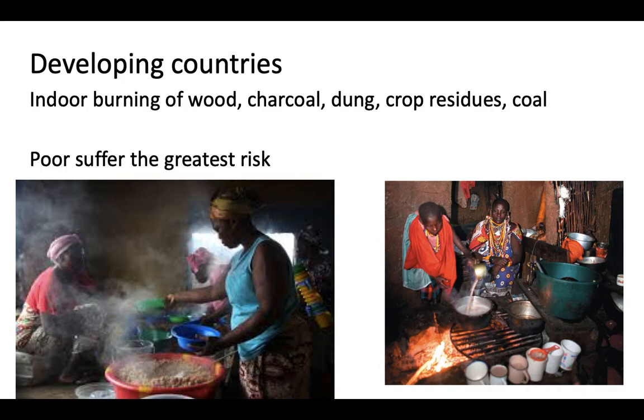Because they don't have access to natural gas or oil, these resources are accessible and cheap, so the people who don't have a lot of money are going to use those resources and are therefore at the greatest risk for developing some of these health issues associated with indoor air pollutants.